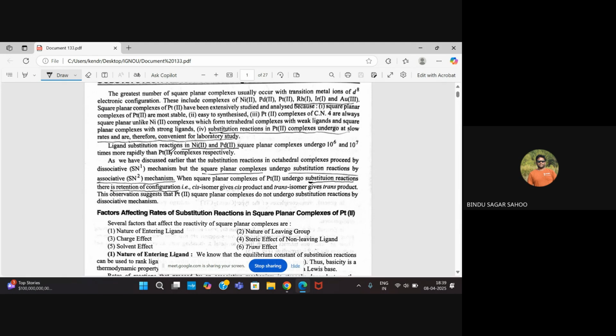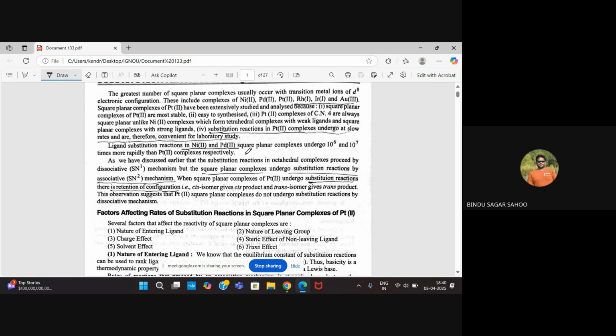So there may be a question of why platinum 2+ complexes form mostly the square planar complexes. The first reason is that they are very stable, due to the 5d orbital. The second is that they are easy to synthesize, and the third is that the substitution reaction rate is very slow, so you can easily analyze every step of the reaction.